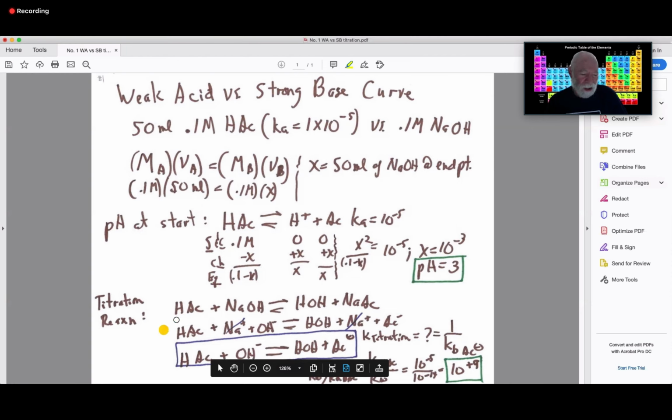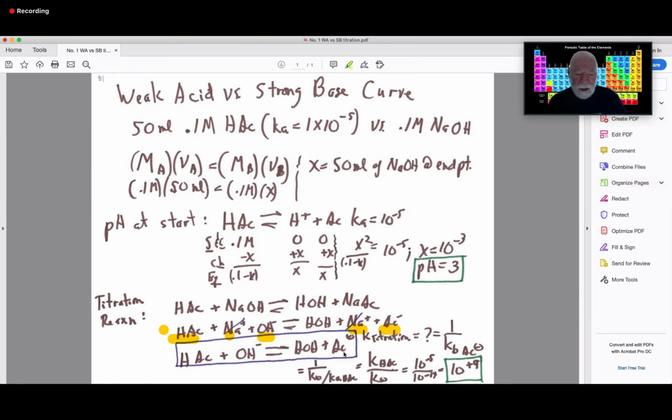Acetic acid being a weak acid really stays mainly in molecule form, doesn't break up into ions. Sodium hydroxide being a strong base breaks up into sodium and hydroxide, that's to be expected. The water stays as molecules, and the salt sodium acetate breaks up into ions. Now notice the interesting thing is there's only one spectator ion there, and that would be the sodium. So notice the net equation. Okay, so the net equation will be molecules of acetic acid plus hydroxide give you water and acetate. Okay, so that is the equation going to be used for figuring out the points on the titration curve.